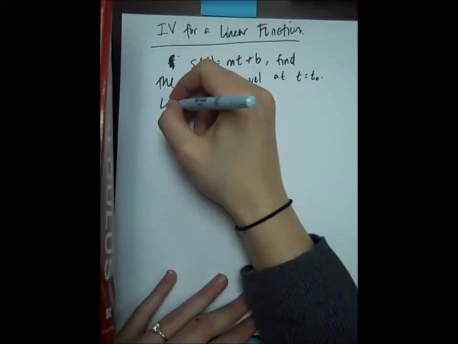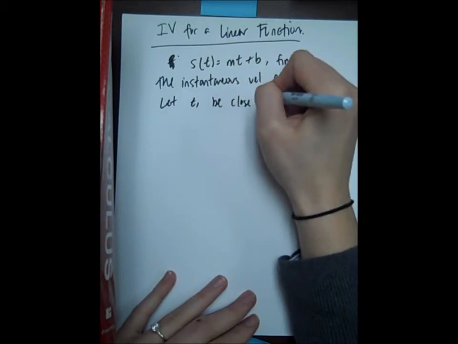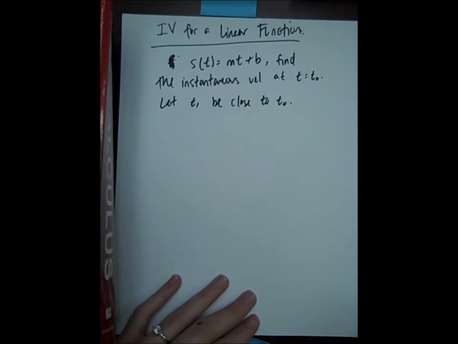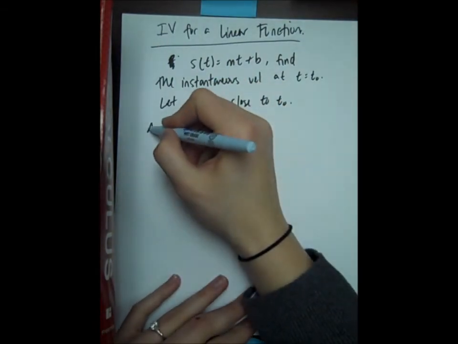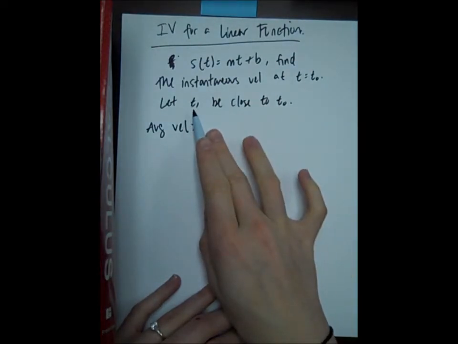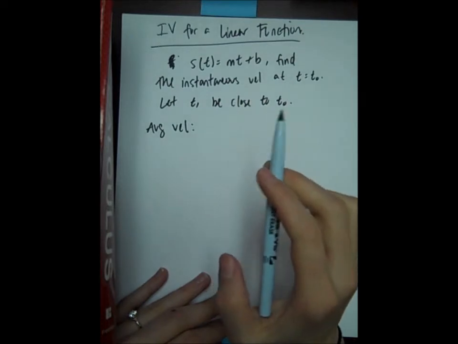So let t1 be close to t naught. And let's find out what is the average velocity between the two. Remember, average velocity between two points that are close to each other is approximately the instantaneous velocity.